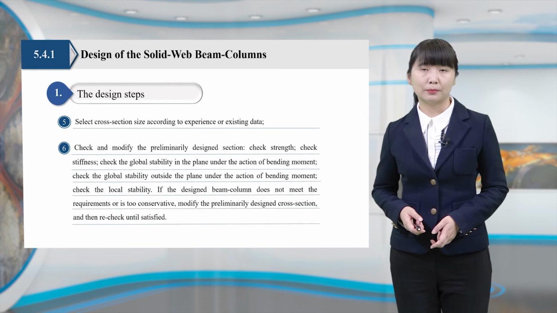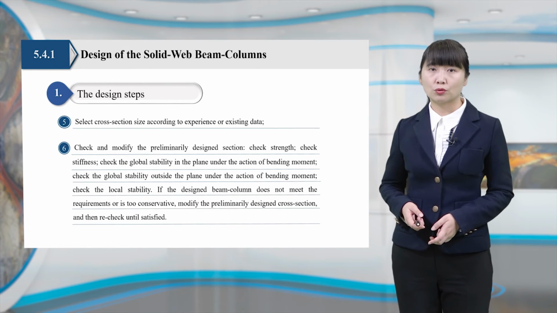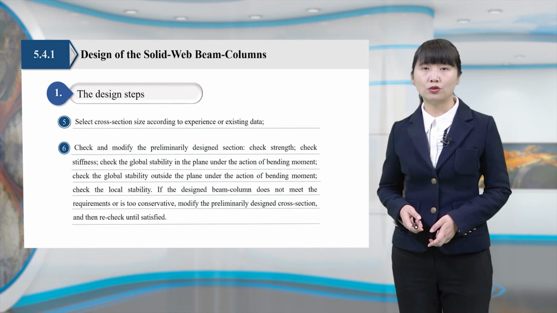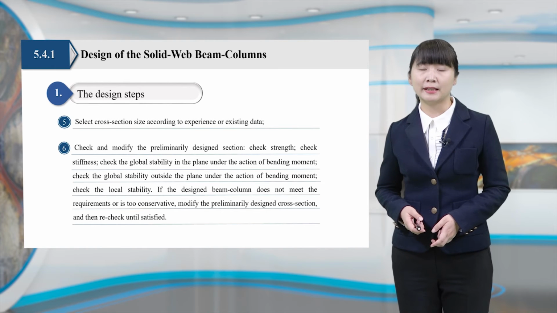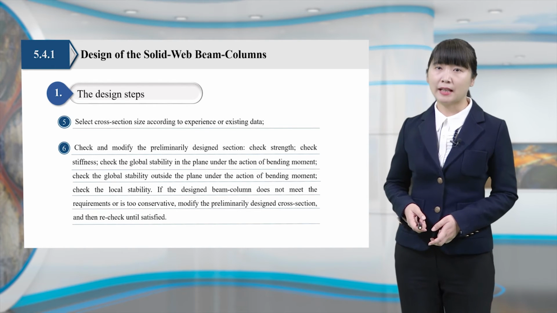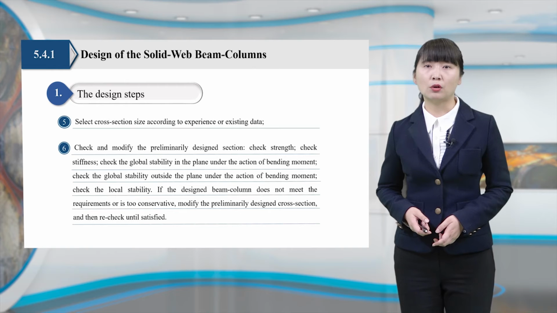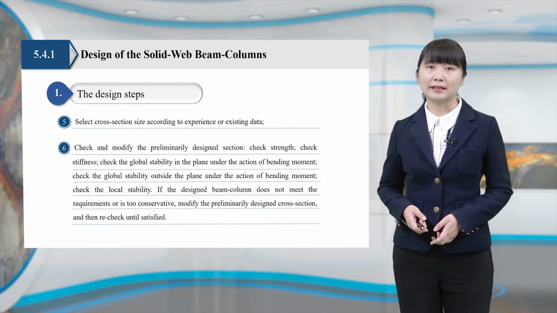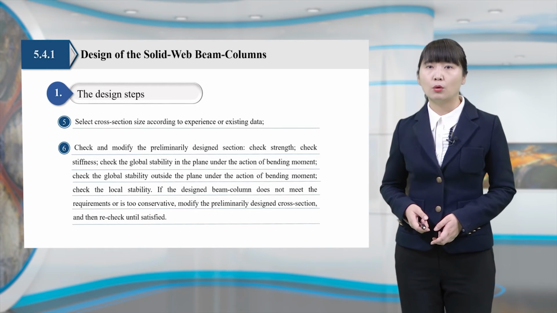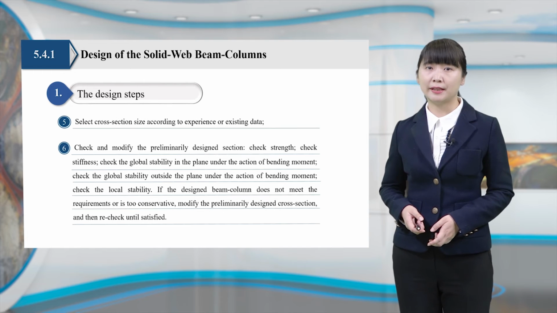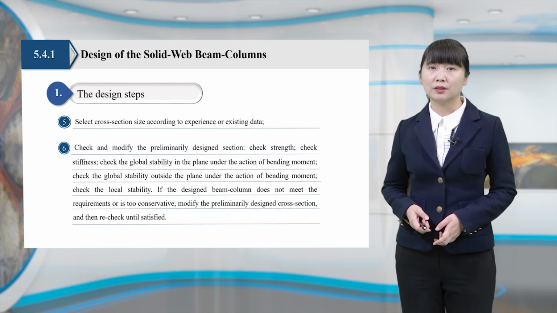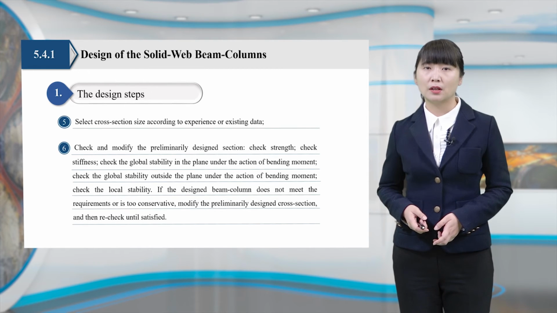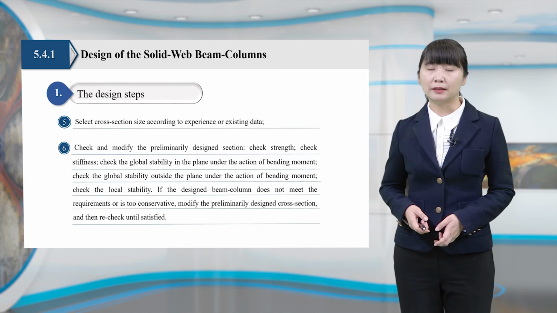The fifth step is to select cross-section size according to experience or existing data. The sixth step is to check and modify the preliminarily designed section, which includes checking strength, checking stiffness, checking the global stability in the moment plane, checking the overall stability outside the moment plane, checking the local stability.